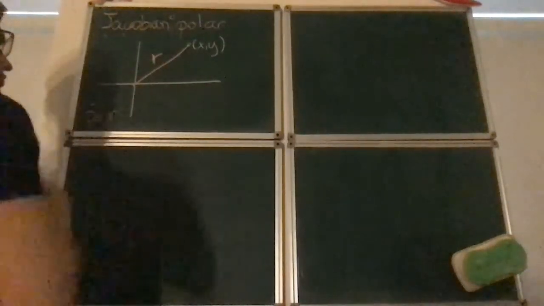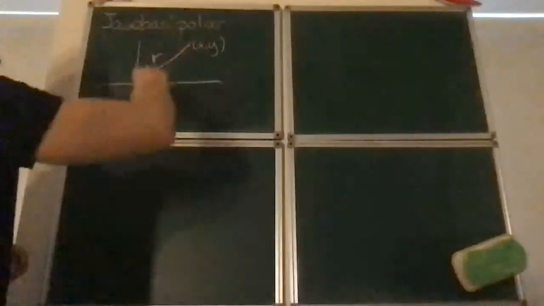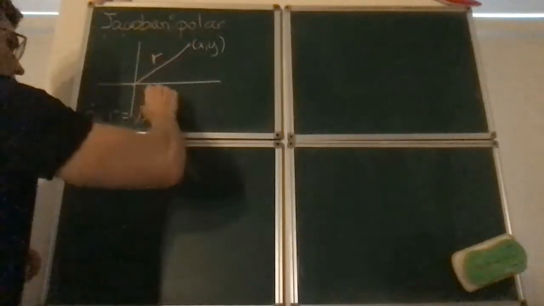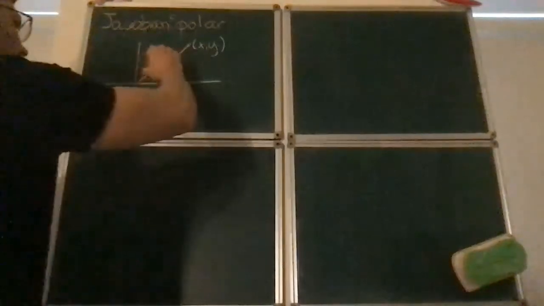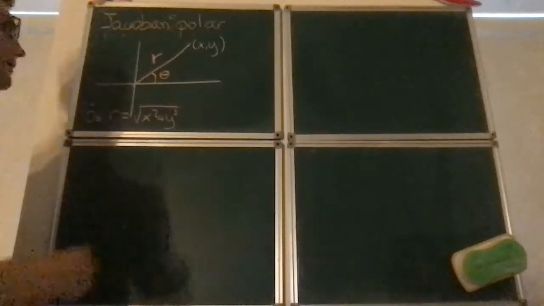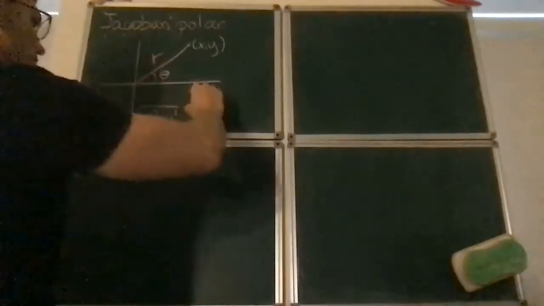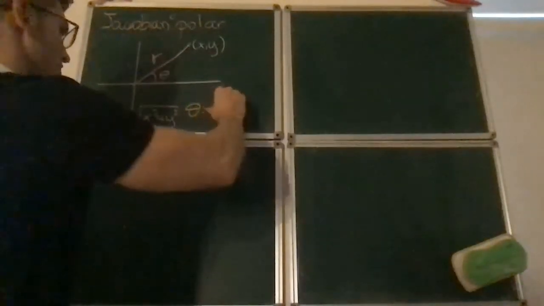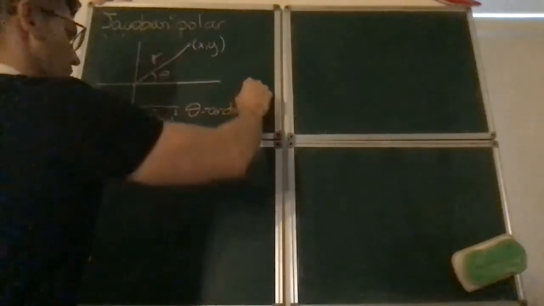So this is just going to be the square root of x squared plus y squared, which again we'll take to be positive. And you also specify the angle with theta. And theta, again, if you do a right triangle here, you can see that the tangent of theta is y over x. So theta is the arctangent of y over x.